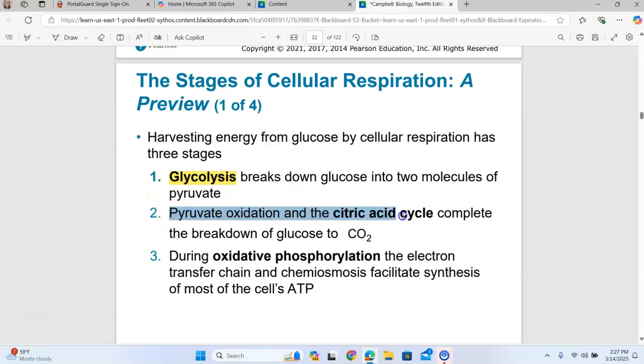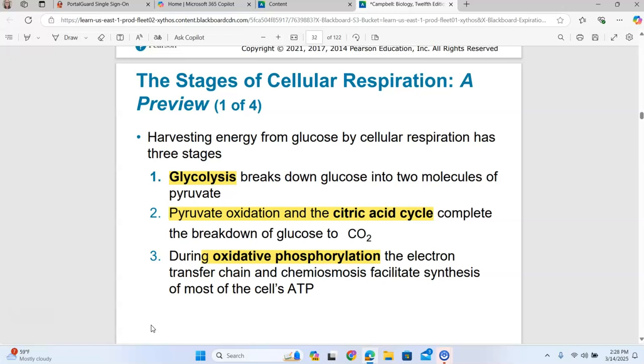So it's taught as like step 2 together. So there's the oxidation of pyruvate and the citric acid cycle would be step 2. And then step 3 would be oxidative phosphorylation, which occurs along with the electron transport chain. So what we're going to do in the next recording is break down these stages and understand how they all work together to generate ATP from glucose.